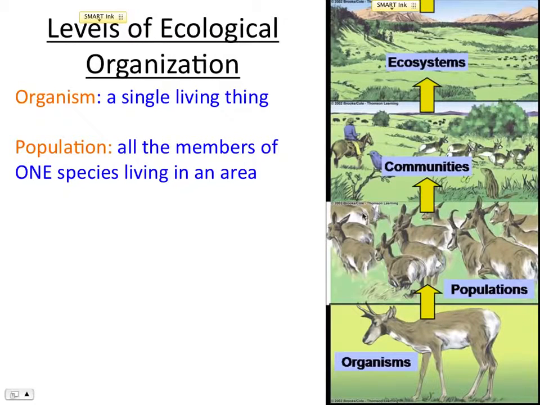Now if there were another population of these deer living maybe on the other side of the mountain, then that's a different population, because it has to be all the members of one species living in a fairly contained area. And of course it's only a single species, so you cannot mix, say, the deer and the rabbits and call that a population. That would be 2 populations, the rabbit population and the deer.